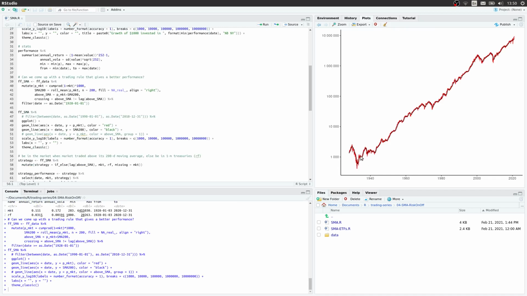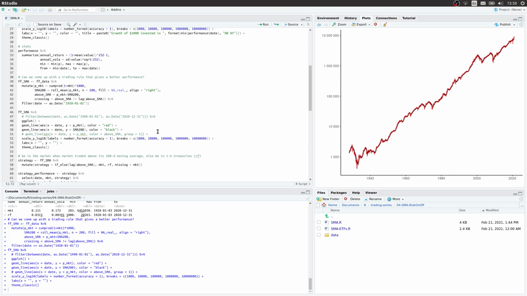So you still see in red the performance of the stock market, again on the logarithmic scale, and the 200 days moving average. So basically the average price of the stock market, or of these 1,000 initial investment over time.